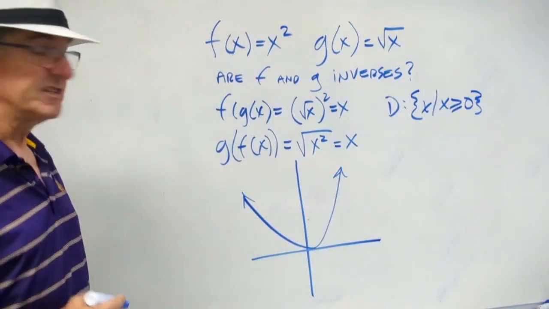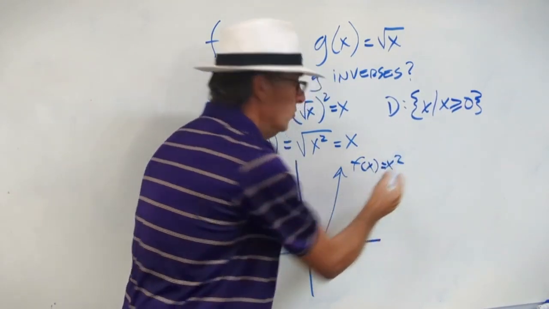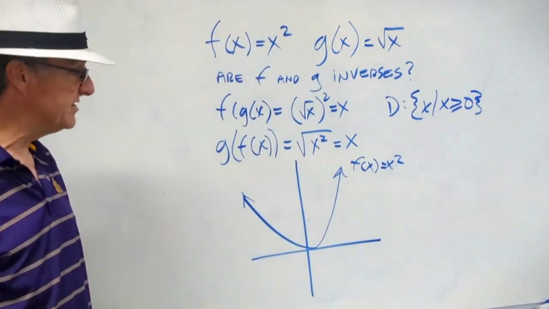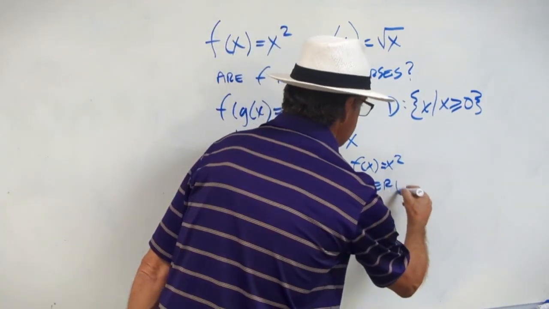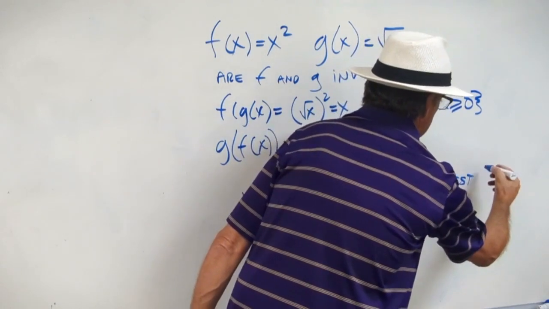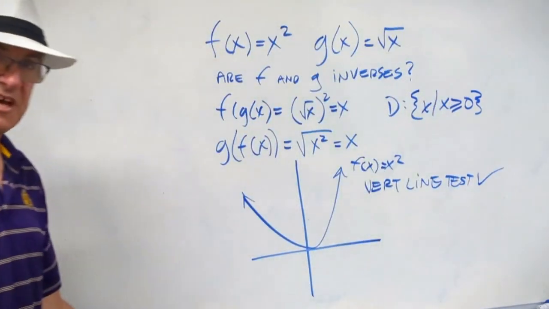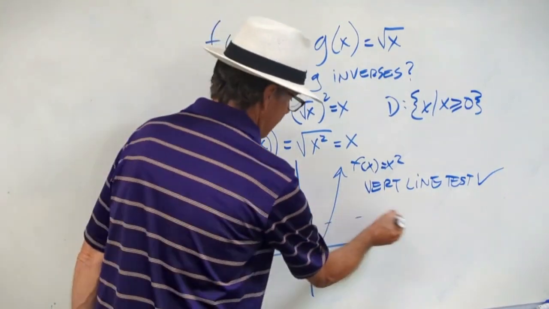There is f of x equals x squared. We know this is a function because it passes the vertical line test. So vertical line test, yes. Now there's another test. There's the horizontal line test. Boom, boom, boom, boom, boom, boom, like that.